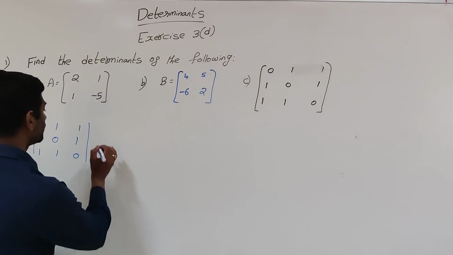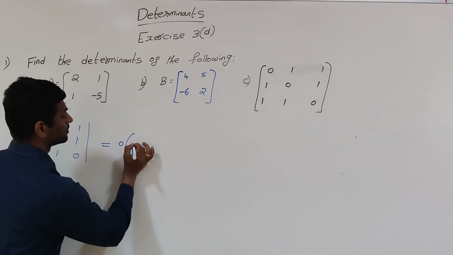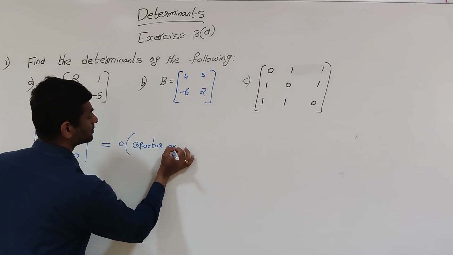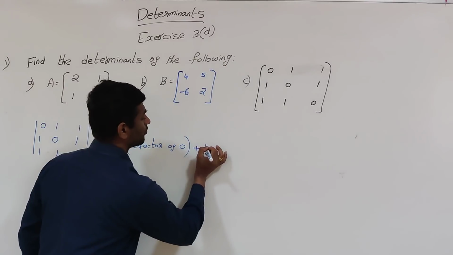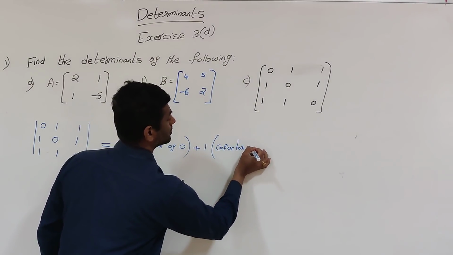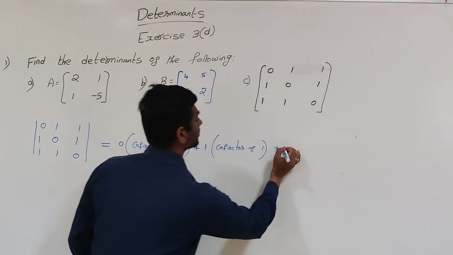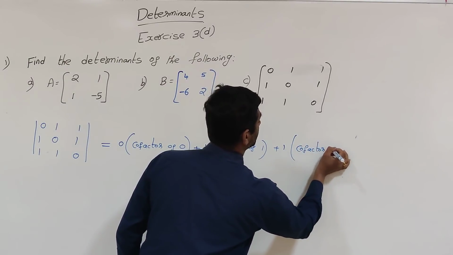What is the expansion using the first row? 0 into cofactor of 0 plus 1 into cofactor of 1 plus again 1 into cofactor of 1.